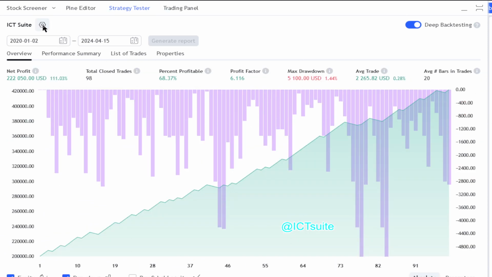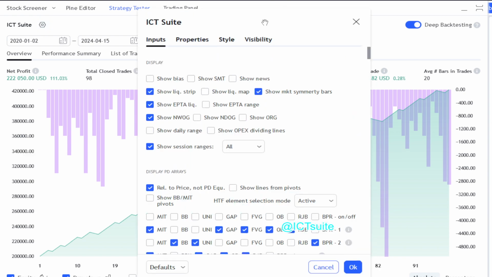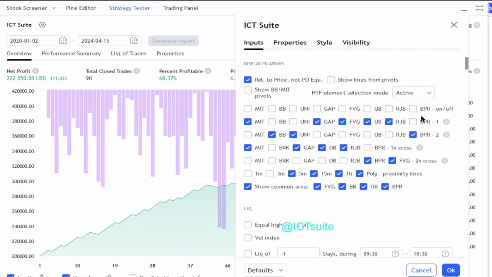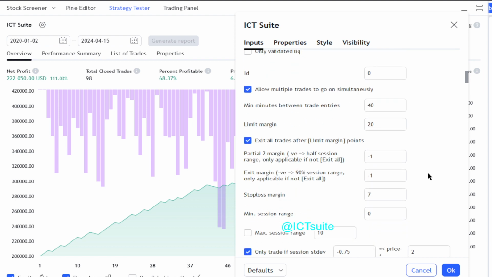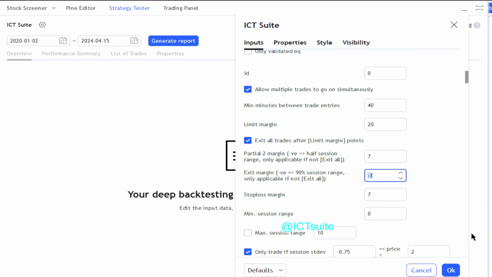What we could do as well is take profit and take partials, which ICT does very frequently. So if we have a stop loss of 7, let's take a profit at 7, and we take like 50% of it.